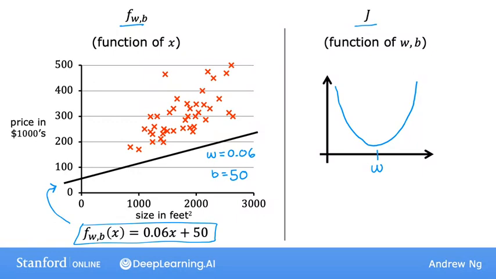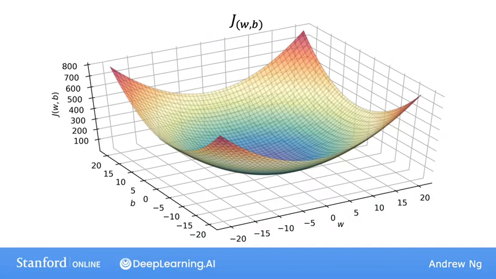Now, in this housing price example that we have on this slide, we have two parameters, w and b, and so the plot becomes a little more complex. It turns out that the cost function also has a similar shape, like a soup bowl, except in 3 dimensions instead of 2.